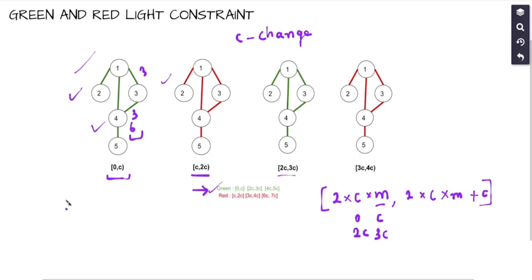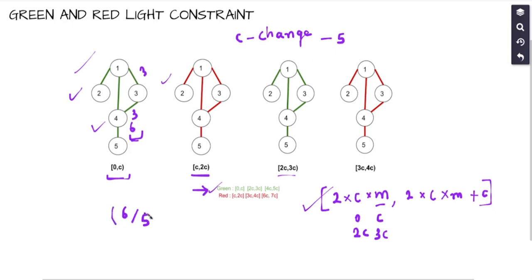How would I check it? I just have to check whether this 6 lies in this type of interval or not. For that, I will divide my 6 by the change which I have, and the change is 5, because let's say after every 5 minutes the lights change.